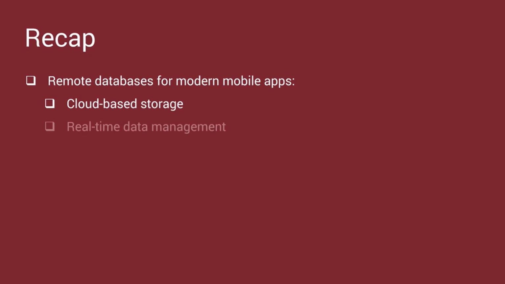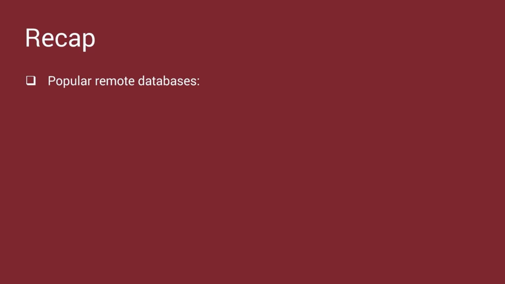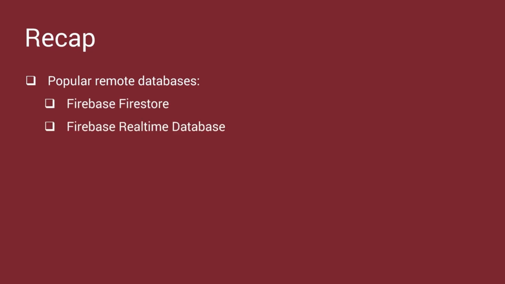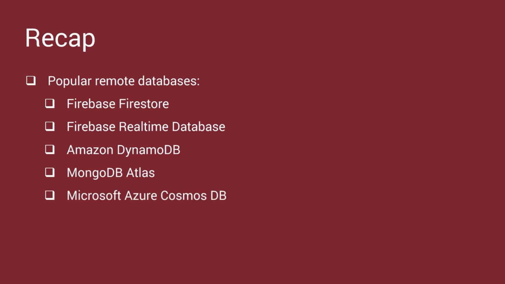In this video, you learned that remote databases are crucial for modern mobile applications, offering cloud-based storage and real-time data management. Popular remote databases include Firebase Firestore, Firebase Realtime Database, Amazon DynamoDB, MongoDB Atlas, Microsoft Azure Cosmos DB, Realm, Couchbase, and Supabase.